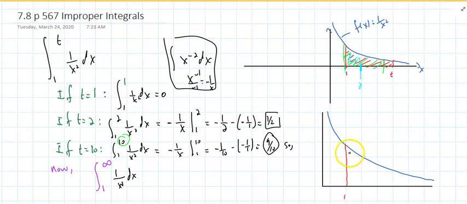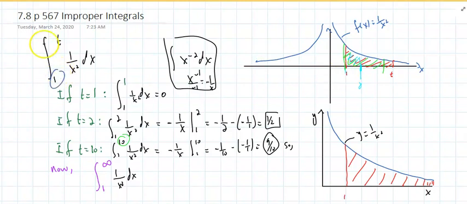On the right-hand side, I don't want to limit it. I want to run all the way to infinity. Remember, this is the function y equal 1 over x squared, right? In case you're wondering, there is another piece right there, but we're not worried about that because we're starting from 1. Now, this is an improper integral.